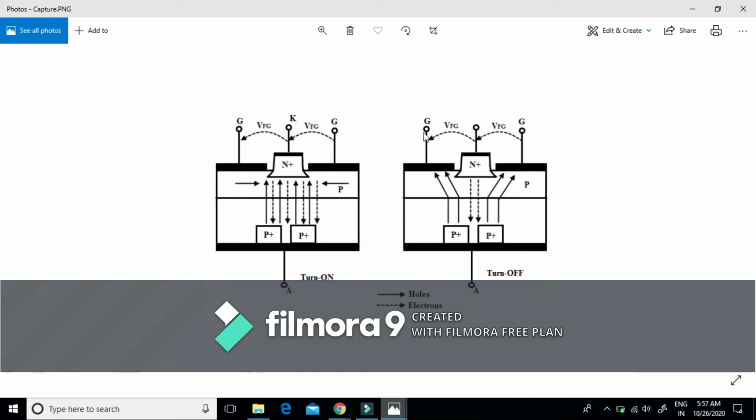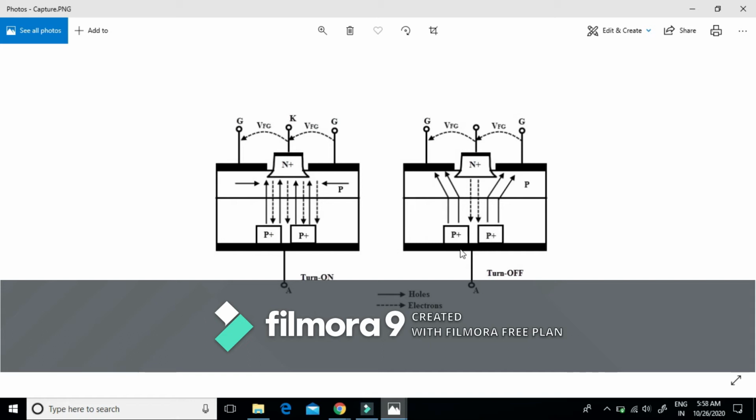Due to this negative gate current, the holes are diverted towards the gate terminal, which causes suppression of the electrons. The more negative gate current is applied, the more holes are extracted towards the gate terminal, resulting in suppression of electrons from the cathode.